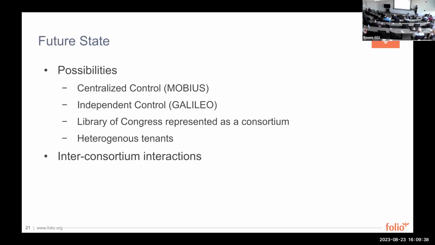Heterogeneous tenants. So right now, we expect all the tenants to have the same modules. But in the future, it will be possible that specific tenants can have specific modules that we wouldn't want to have available to other tenants in the consortium. That is still up and coming. And then inter-consortium interaction.